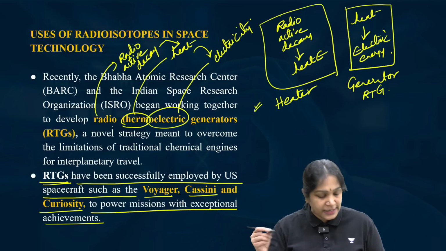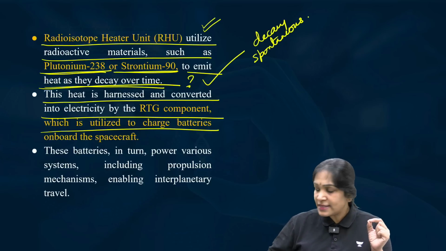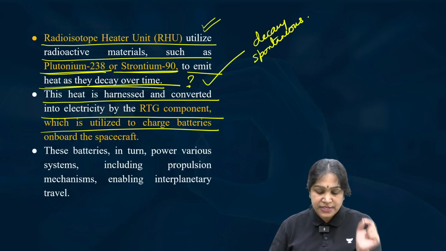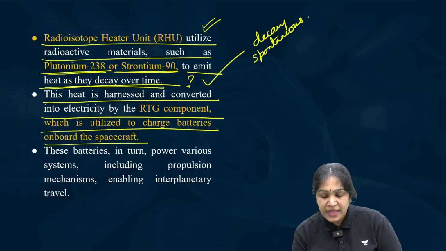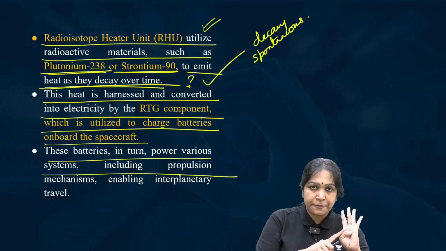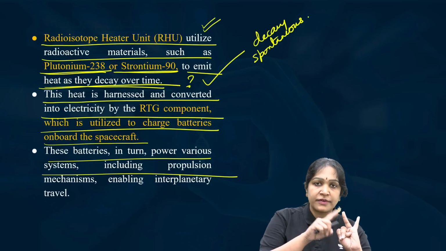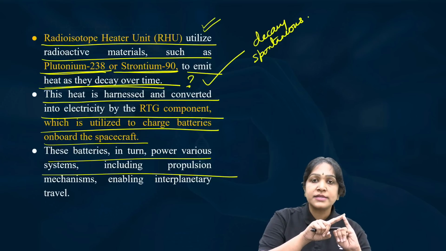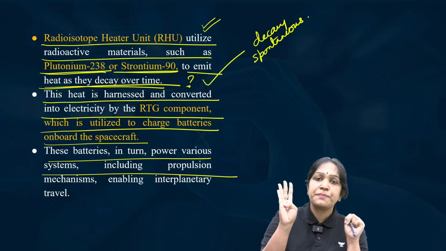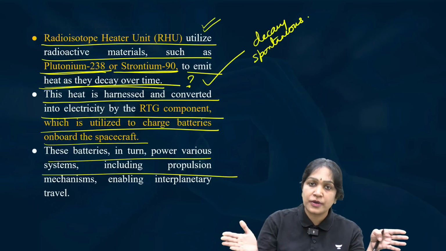This electrical energy will be used to charge the batteries on board the spacecraft, and the batteries will run the systems. Radioactive decay will spontaneously occur, emit the heat, the heat is converted to electricity, the electricity is used to charge the batteries, and the batteries will run the spacecraft. And radioactivity is a very slow process.